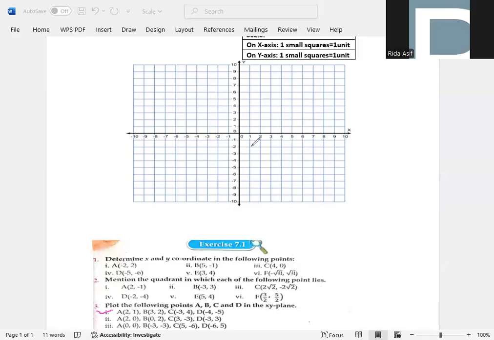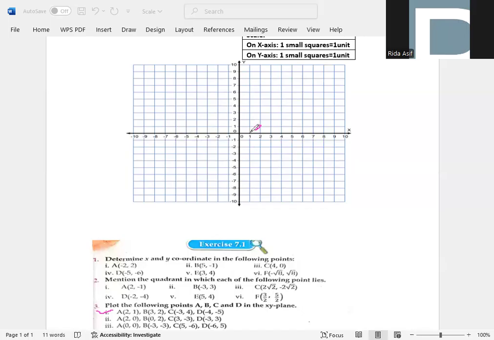For example, (2, 1) is going to lie in the first quadrant. Where is point number 2? Here is 0, the origin. Just look at the positive x-axis: positive 1, positive 2. Here is positive 2. And what about 1? The y-axis is positive here. So (2, 1) is going to be plotted over here.